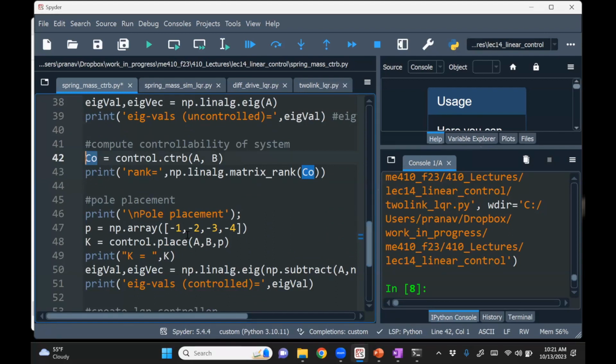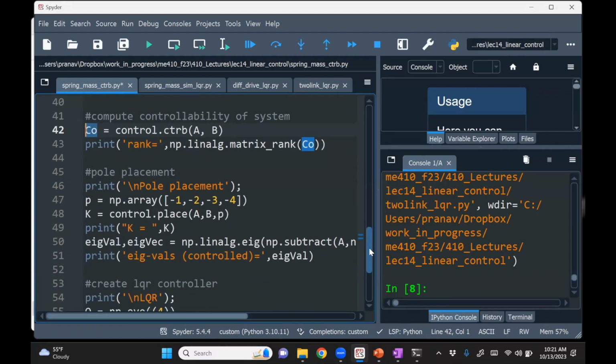Then I'll do pole placement. So I want the poles to be at -1, -2, -3, -4, just randomly chosen. It'll actually give me the gain K, which places the poles there. And then it's going to compute the eigenvalues of the controlled system, so A minus BK.